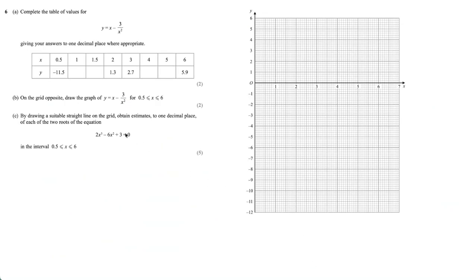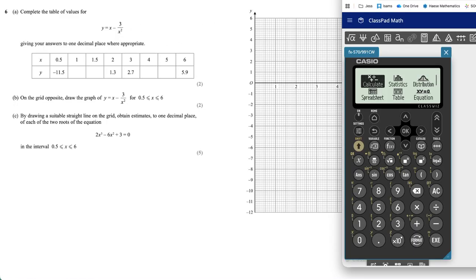Question 6, complete the table of values for y equals x minus 3 over x squared. Okay, so guys, depending on your calculator, you gotta know how to do this. So in my calculator at least, go to function, and then we go to define f of x, and here we write in x minus 3 over x squared, like this.